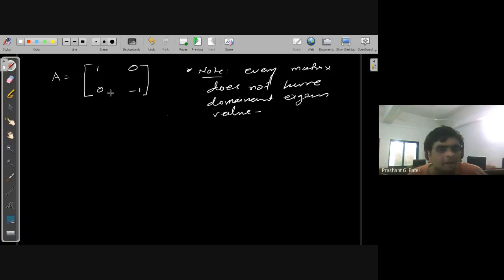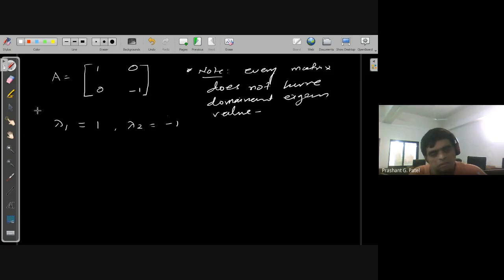This is a triangular matrix, and as you have probably learned in your linear algebra course, for a triangular matrix the diagonal entries are the eigenvalues. So the eigenvalues of this matrix are lambda 1 equal to 1 and lambda 2 equal to minus 1.